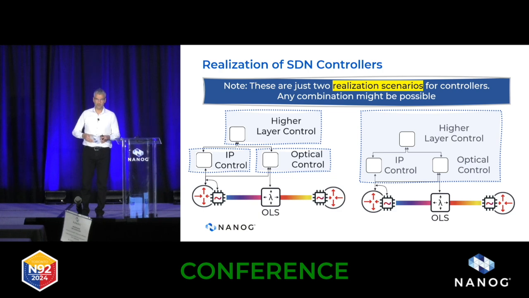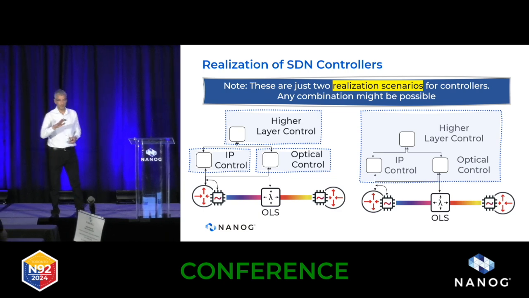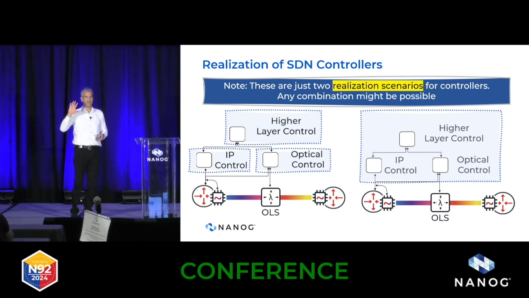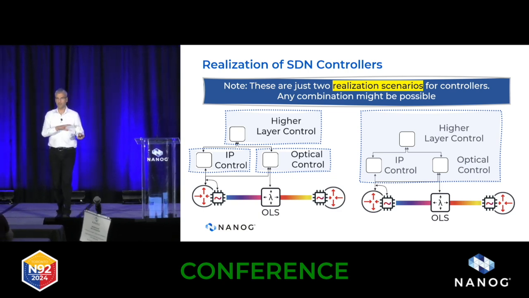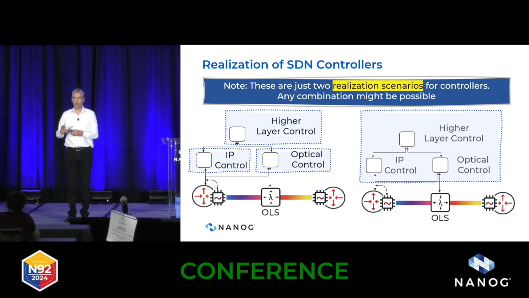If this network also has transponders at the same time, you are creating services on top of transponders, not only pluggables, and you have to consider that fact. But suffice to say that the implication here is that we need, from the optical or photonic side, same thing for IP and multilayer, a single logical functional entity to address all aspects of the life cycle. And this is the important aspect to consider.